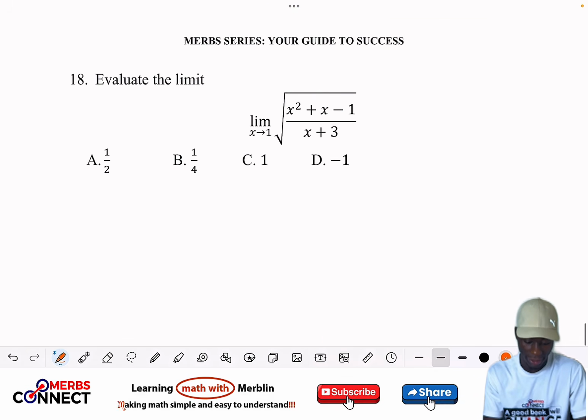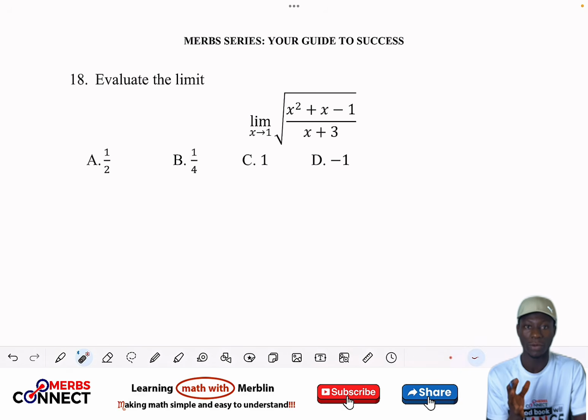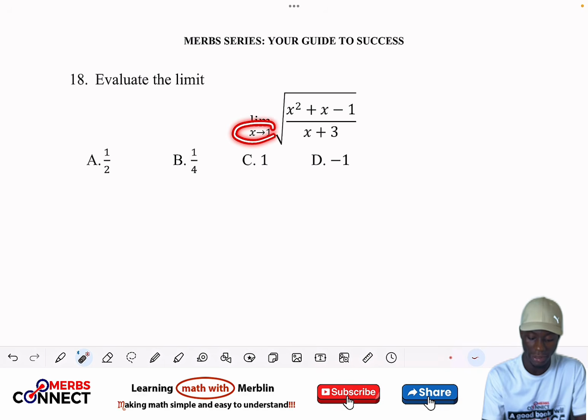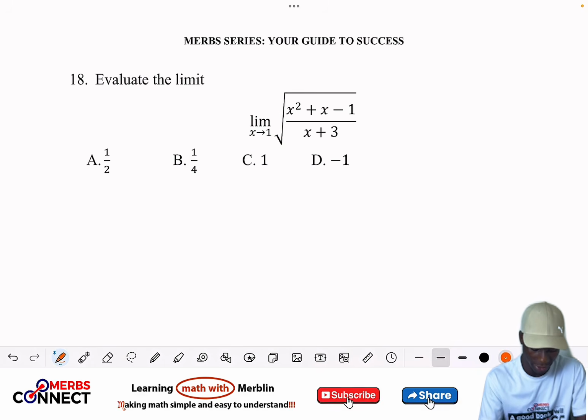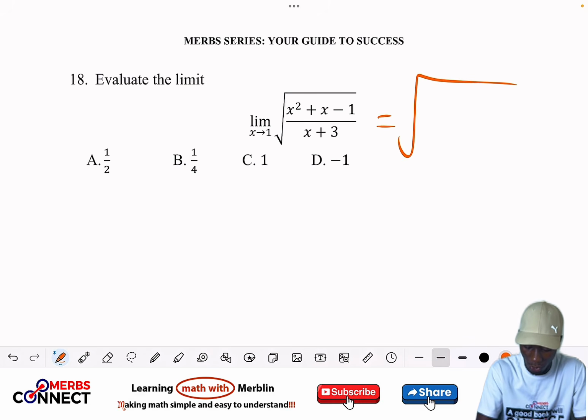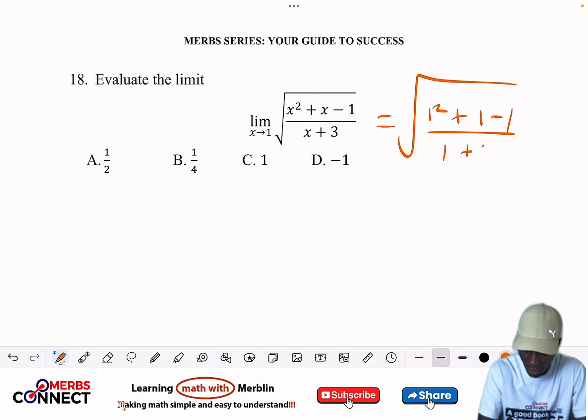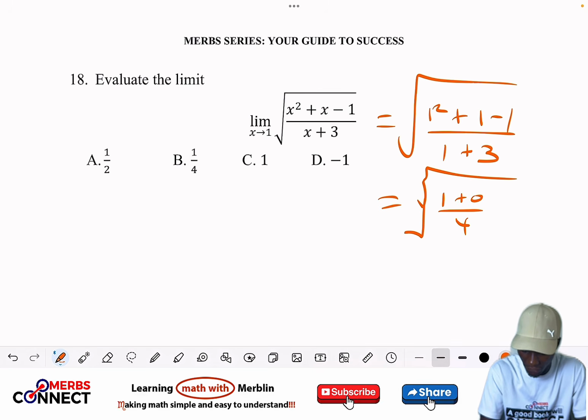Now let's look at 18. Anytime you are doing a limit, I said do direct substitution first. Since x is approaching 1, let's do direct substitution first and see what we get. So 1 squared plus 1 minus 1, divided by 1 plus 1, 1 plus 3, is going to give us the square root of 1 plus 0 divided by 4.